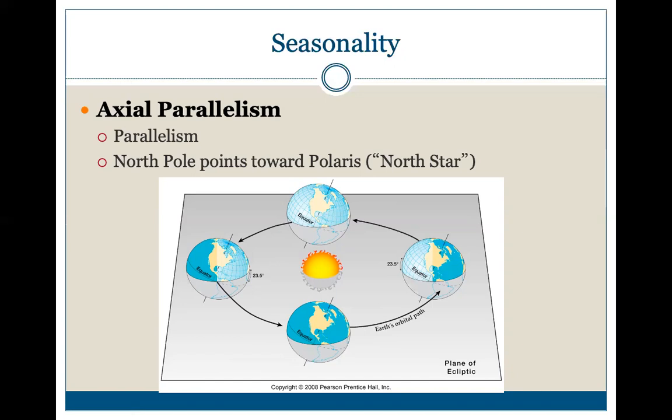So another important point about this axial parallelism is that if the Earth did not remain in this steady state pattern with its axis pointing to the North Pole and going around the sun constantly, ever present, we would not be able to have the evolution that we've had on Earth.